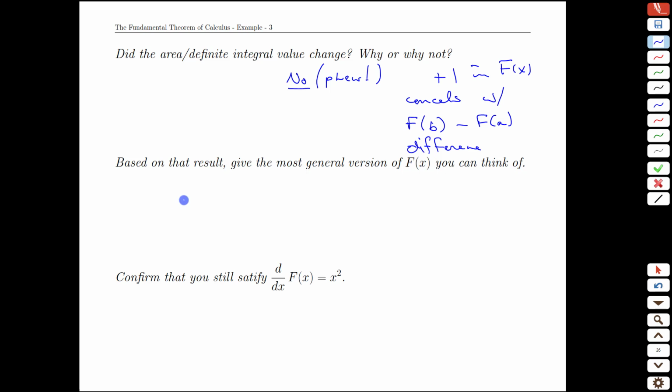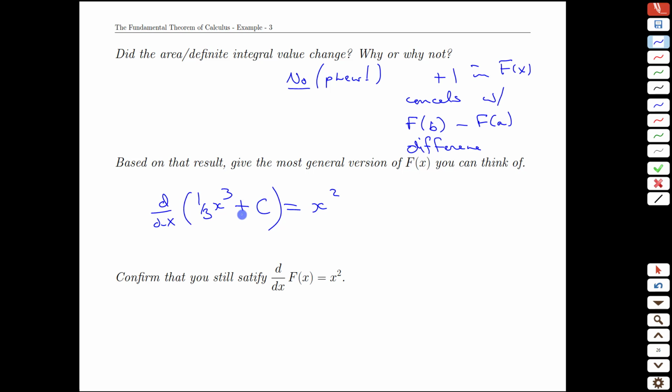Well, if that's the case, then if we go back to our x squared scenario, if we wanted to find a function that we differentiate to get x squared, I could add 1 to it, I could add 2 to it. In fact, we could add any constant at all to that 1/3 x cubed, and it wouldn't change the derivative. If we do that calculation, you can see it here. 1/3 x cubed plus c is always going to differentiate to x squared.